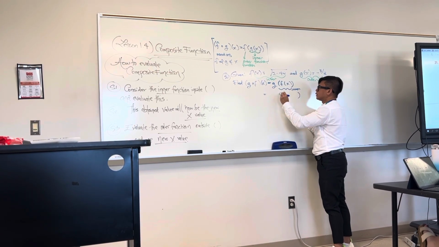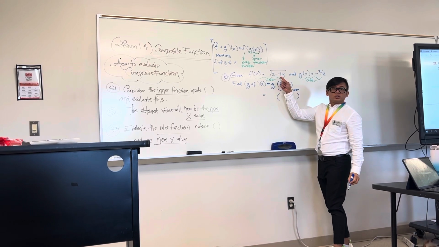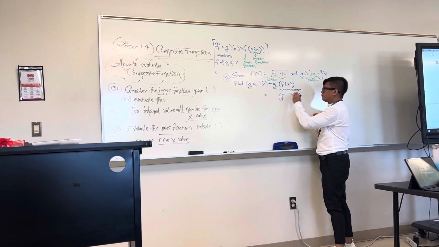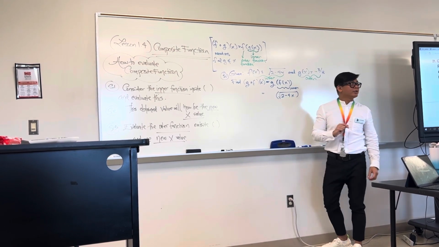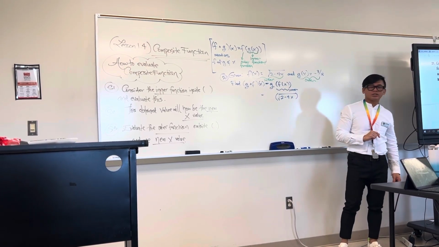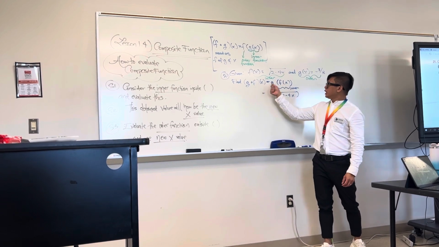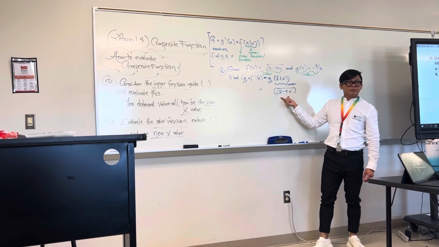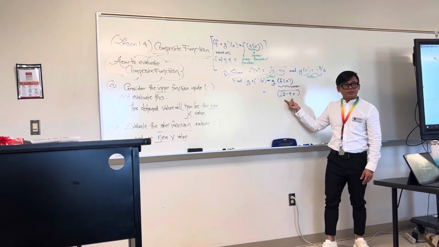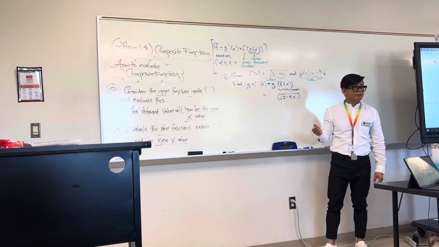And what is that? Square root of 2 minus 4x. Are we good? Again, consider the innermost function f. In some cases, you evaluate it. In this case, you write it down.